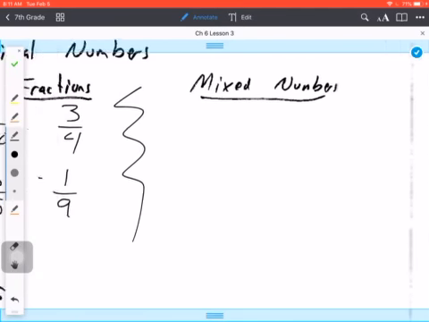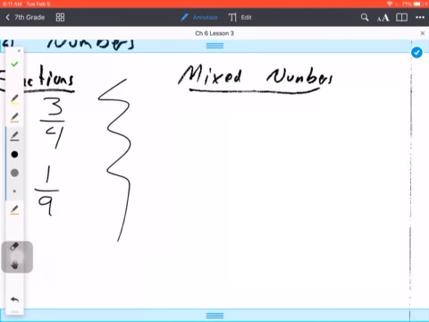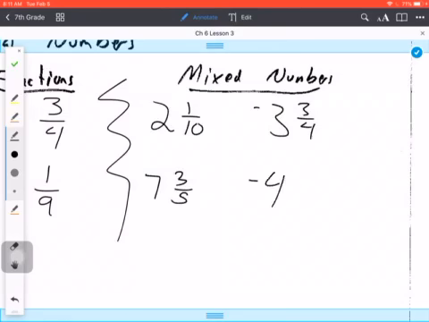Now, the last one that we're going to be talking about is mixed numbers. So we could do 2 and 1/10, or negative 3 and 3/4, or 7 and 3/5, negative 4 and 1/9.